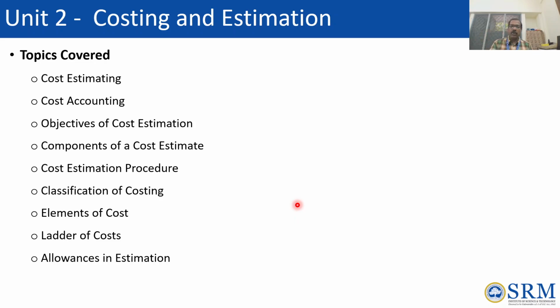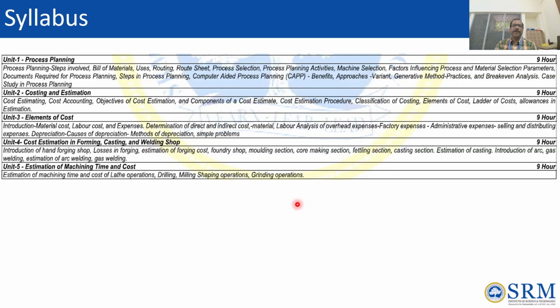So we will continue in our next lecture on unit number 3 about elements of cost, with an introduction similar to our current unit. Then we move on to solving some numericals in terms of material cost estimation or labor cost estimation in our unit number 3. Okay, thank you.